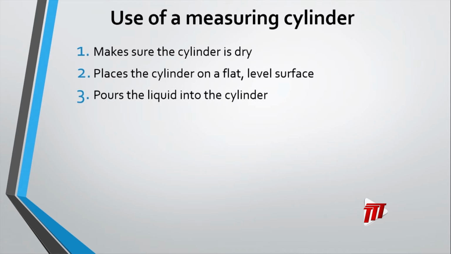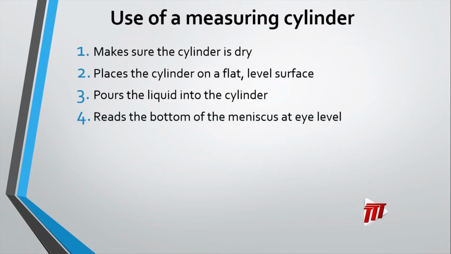When we pour liquids into them, and this is the important part here, read the bottom of the meniscus. When we look closely at a liquid in any vessel, at the top where it meets the surface, you'd see there's a little curve.